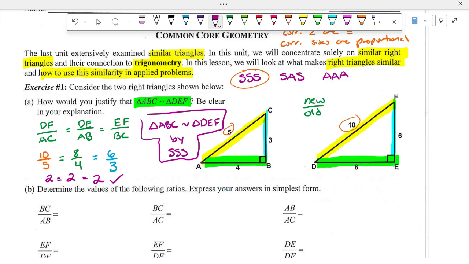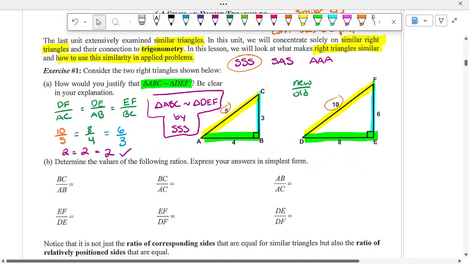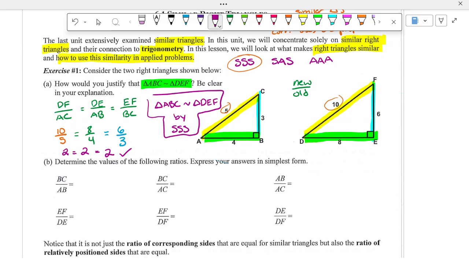Now, using these same two triangles, since we know that they're similar, they gave us a bunch of different ratios that they want us to set up based off of the sides. So for each side, whatever side they have listed, that's what number we're going to put. So for BC over AB, what's that going to be with the numbers from those two triangles?